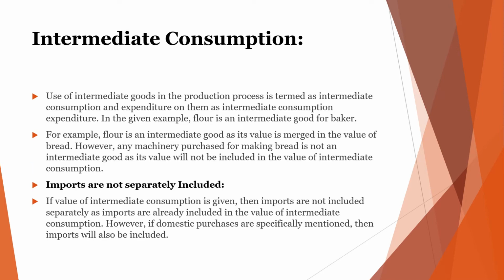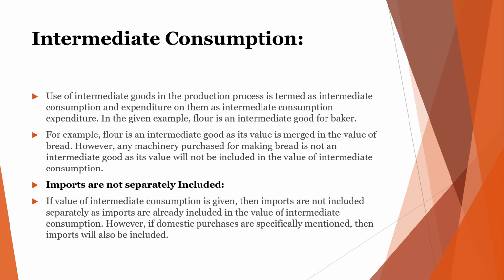Intermediate consumption. Use of intermediate goods in the production process is termed as intermediate consumption and expenditure on them as intermediate consumption expenditure. Example, flour is an intermediate good for a baker. Its value is included in the value of bread.